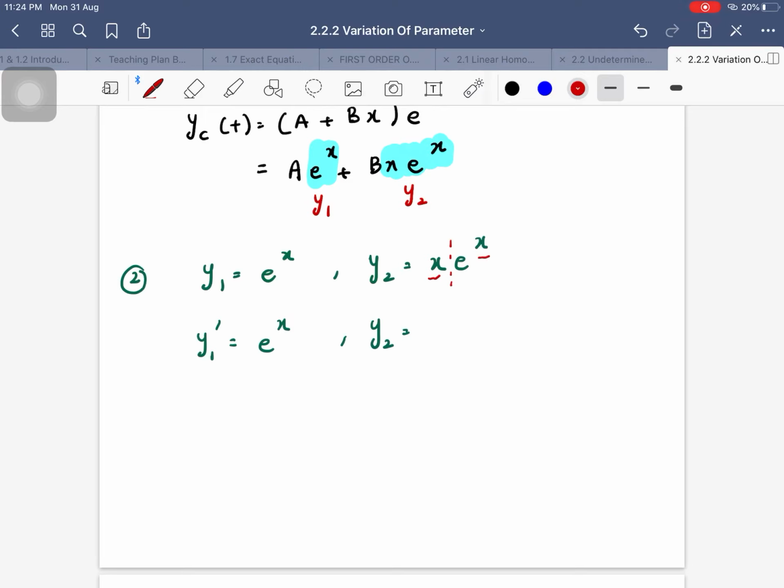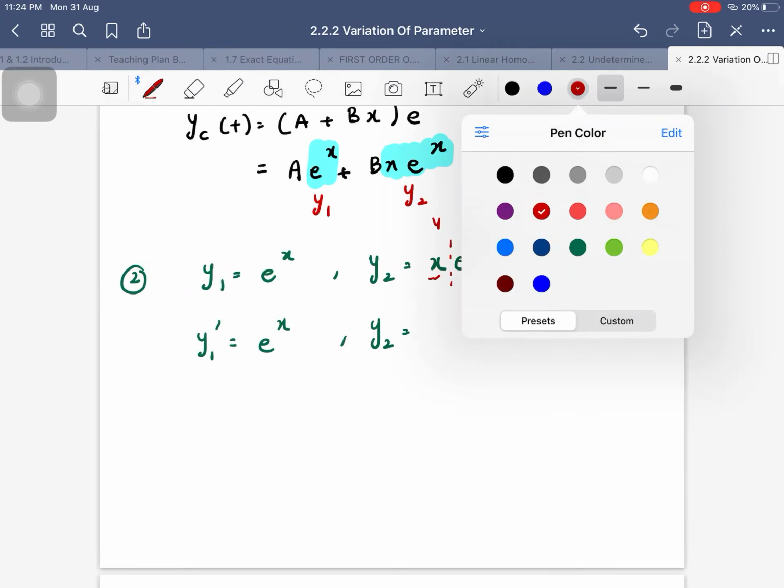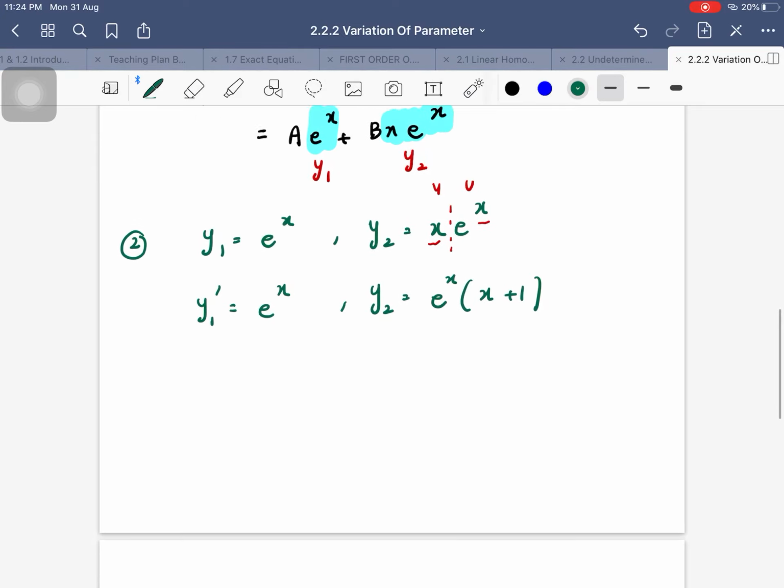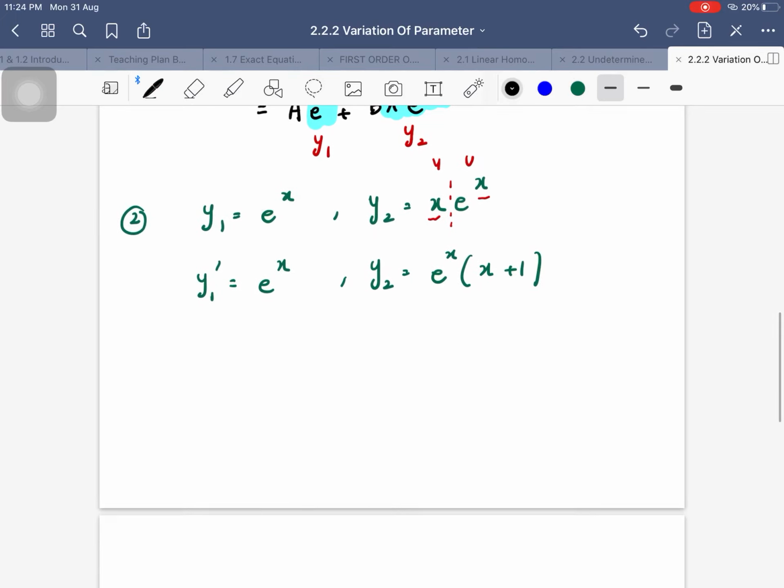Using the product rule, I end up with exponential of x multiplied by (x plus 1), so x exponential of x plus exponential of x. Try that yourself, and you will see this when you factorize the exponential.